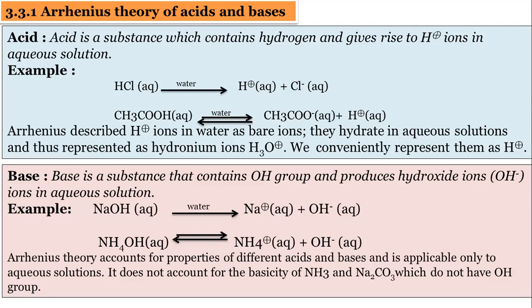If it is not written, then no issue. If the question is for 2 marks and asked like this, define acid according to the Arrhenius theory, we only have to write the definition. Don't write an example. If the question is for 2 marks, explain Arrhenius theory of acids and bases, then we have to write the definition and the example also. But only the definition has the weightage.